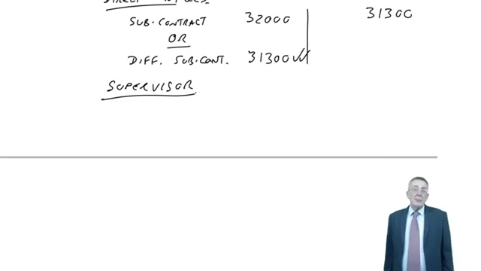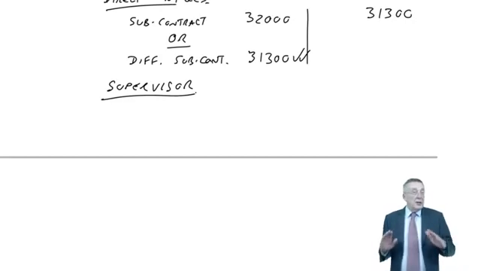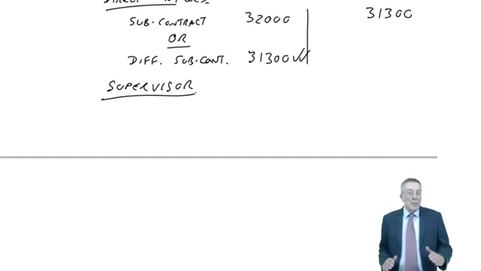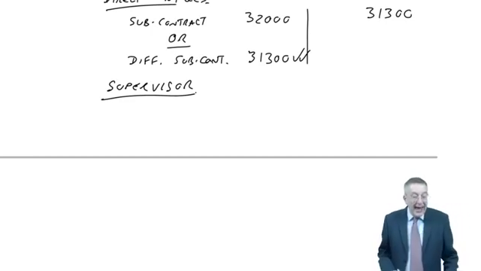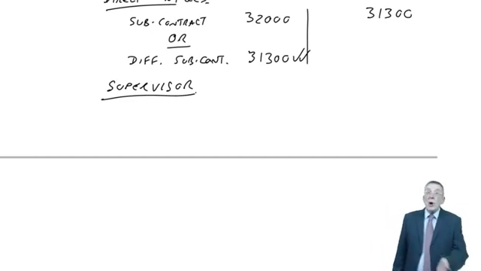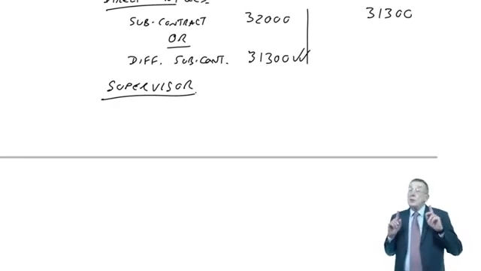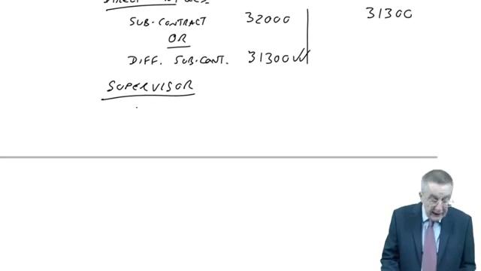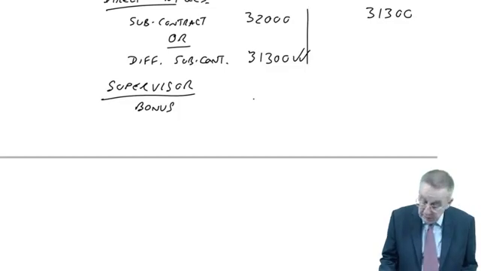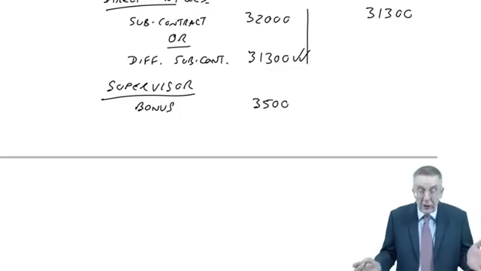So the 8,000 is going to have to be paid whatever happens and is therefore not relevant. But they are going to get an extra 3,500 for working on the special order. So doing the special order will involve us paying this bonus, this extra payment of 3,500, an extra cost.